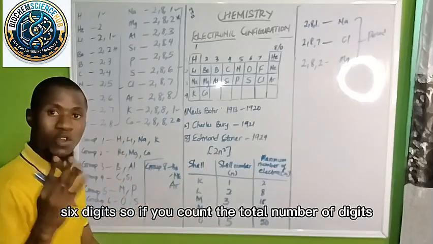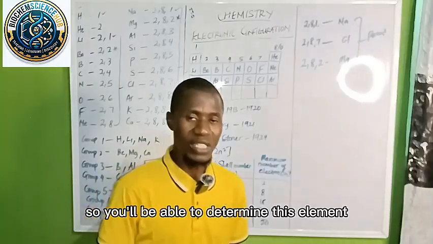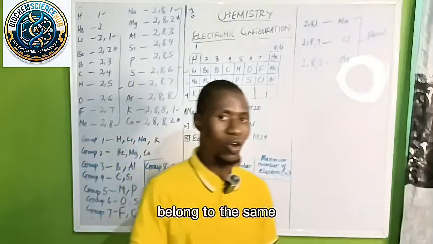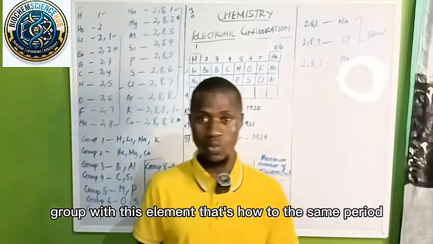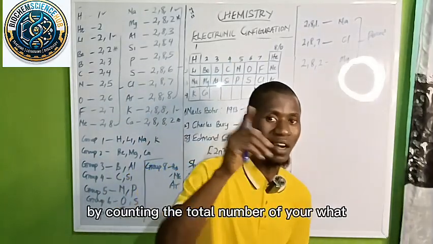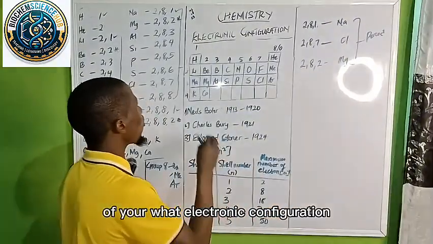So if you count the total number of digits in your electronic configuration, you'll be able to determine whether this element belongs to the same period as this element. That's how to determine it, by counting the total number of your what?